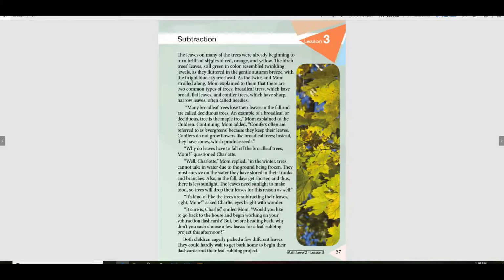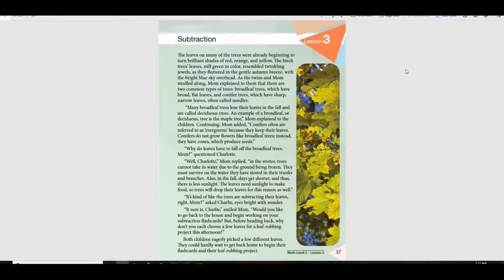The leaves on many of the trees were already beginning to turn brilliant shades of red, orange, and yellow. The birch tree's leaves, still green in color, resembled twinkling jewels as they fluttered in the gentle autumn breeze with the bright blue sky overhead.